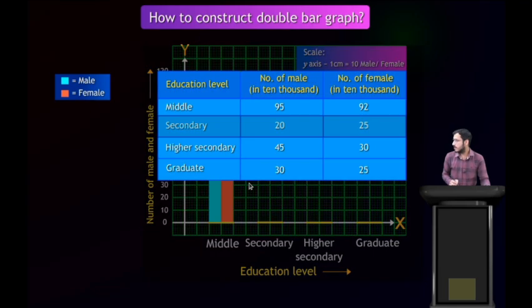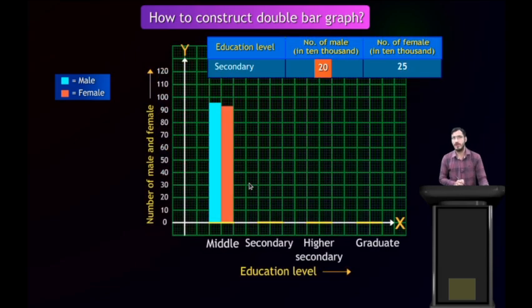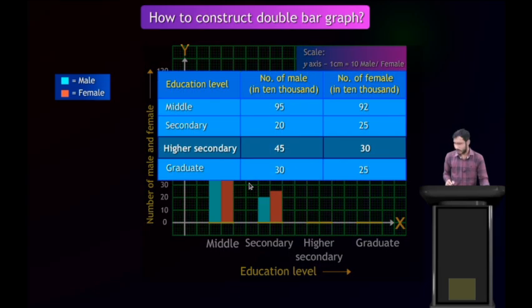Similarly, secondary education level: number of males 20 and number of females 25. Taking heights 20 and 25, draw rectangular bars. Similarly, higher secondary and then graduate level. Higher secondary is 45 and 30.